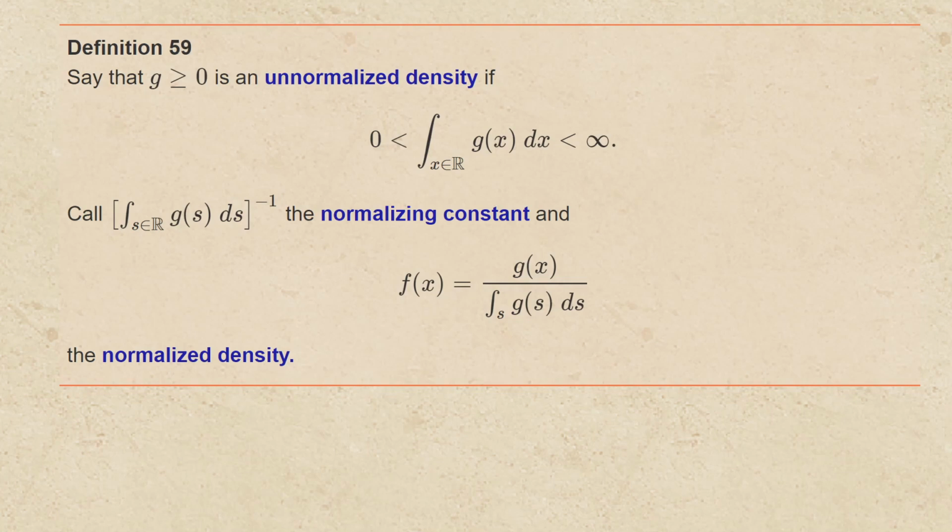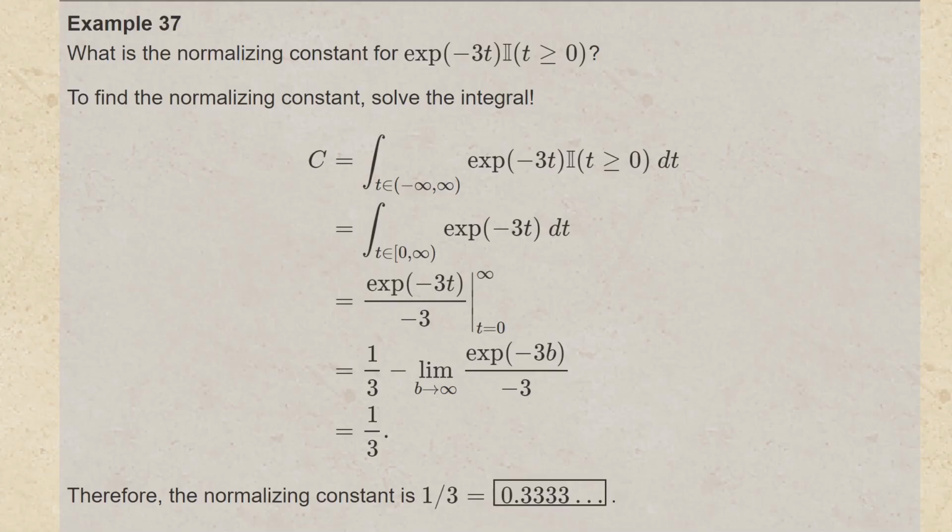We're going to call the inverse of this integral the normalizing constant. And if we take the original function g and divide by its normalizing constant, we're going to get what's called the normalized density. For example, what is the normalizing constant for e to the minus 3t times the indicator that t is greater than or equal to 0?